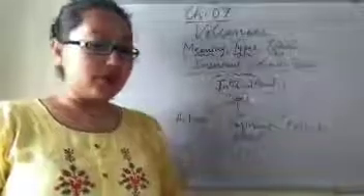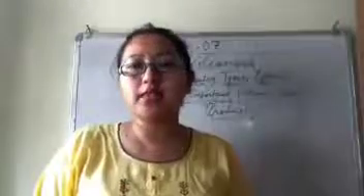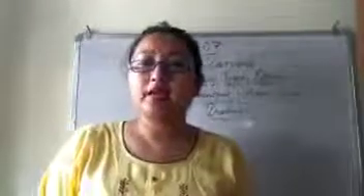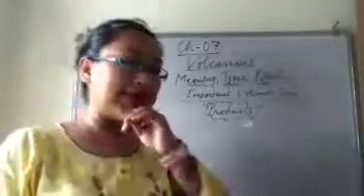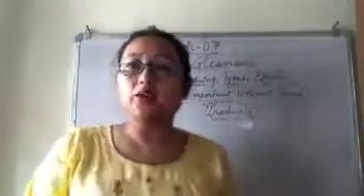Now let's talk about the products ejected during the volcanic activities. So the main product is magma. The molten hot material which is inside the interior of the earth tends to eject out in the volcanic eruption.